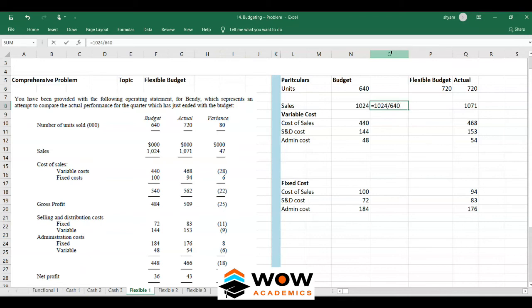But we want it for 730 units, right? So that's what we want. So rather than putting it as 1024, we can get this number. So divided by 640 into 730. Let's get the number. So this is how it works.